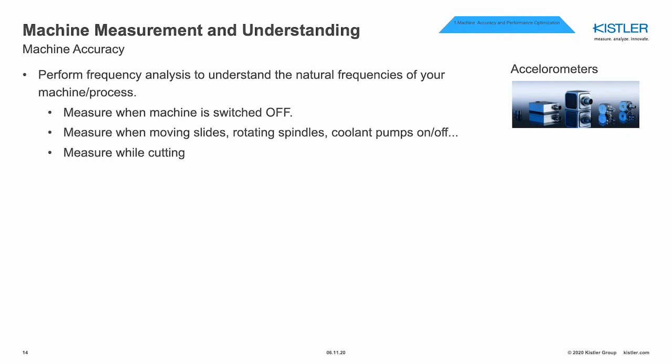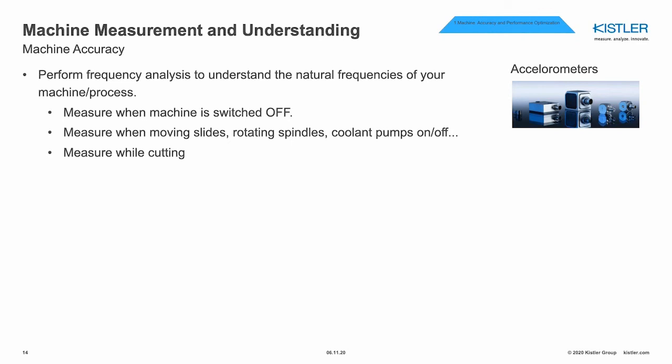Then you can, for instance, move the slides and make measurements, rotate the spindles and make measurements, switch on and off some coolants, robots, and centering equipment and so on, so that you build an understanding of what type of disturbances and frequencies are coming from what. And at the end, you make the cutting and make the online measurements.